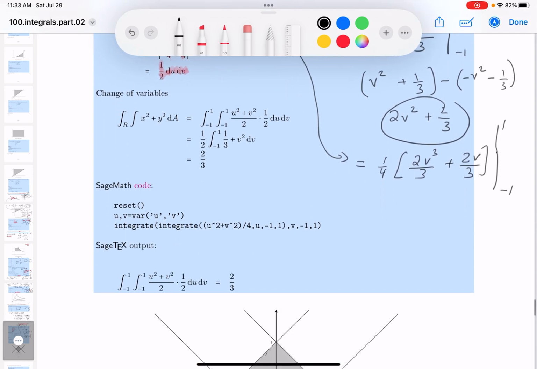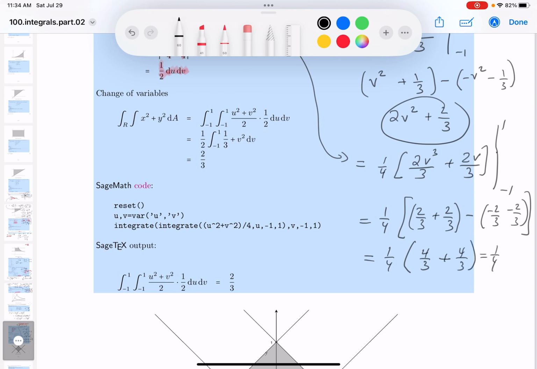What do you get there? 1/4 times 2/3 plus 2/3 minus, 2/3 minus 2/3. Let's see if we can do the arithmetic. You get 4/3 plus 4/3, which is going to be 1/4 times 8/3, which is going to be 2/3. All right, 2/3. We're done. Thank you.